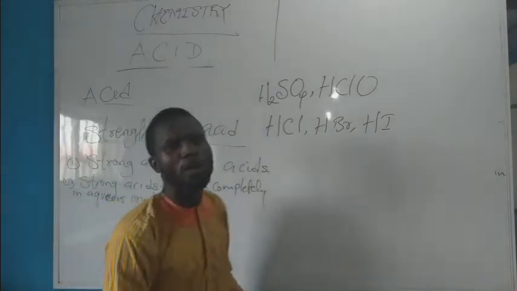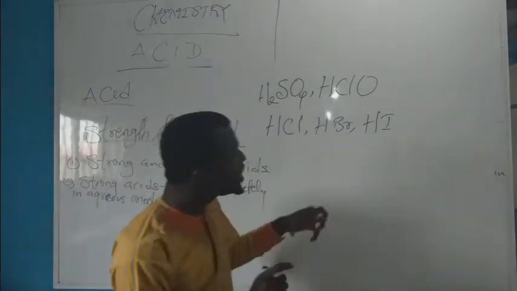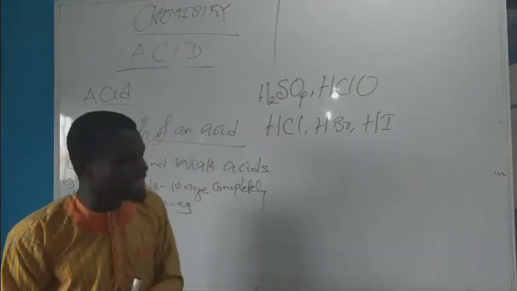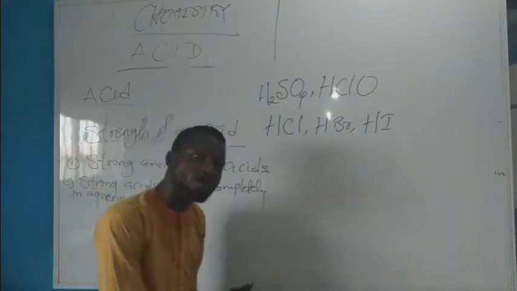Now based on strength, strong acids ionize completely in aqueous medium. There is a simple rule I call the golden rule, with which I can conveniently and with ease recognize if an acid is strong or weak.